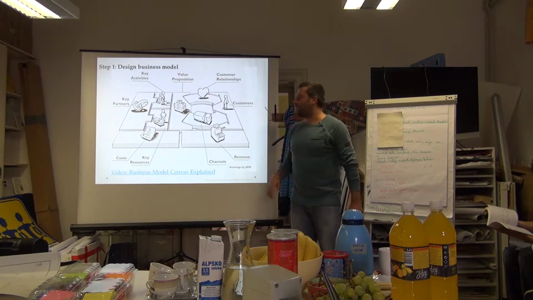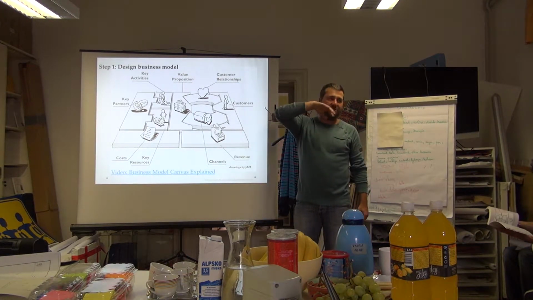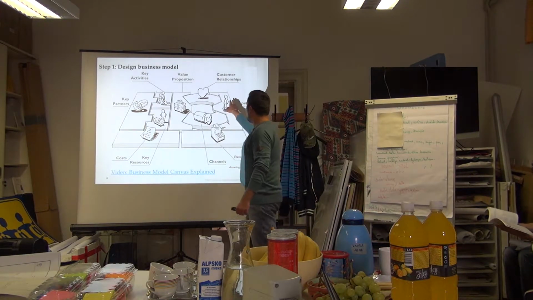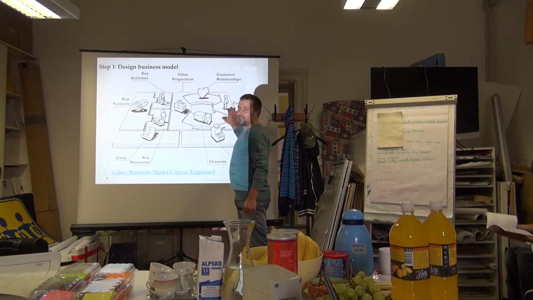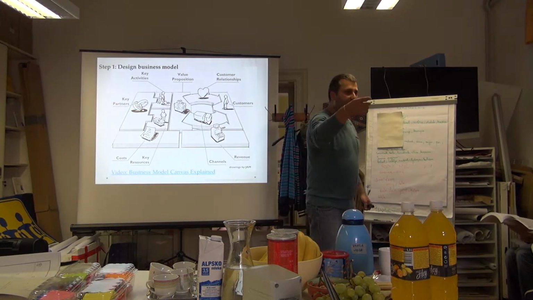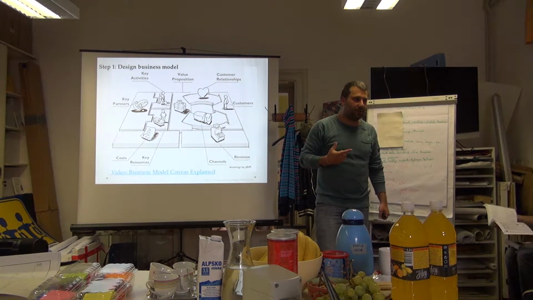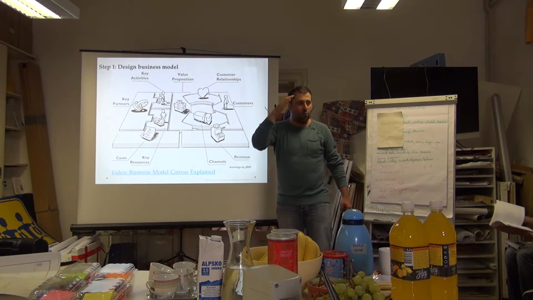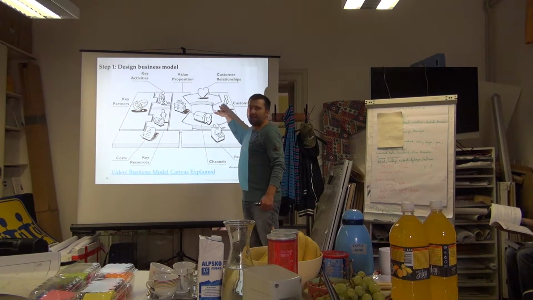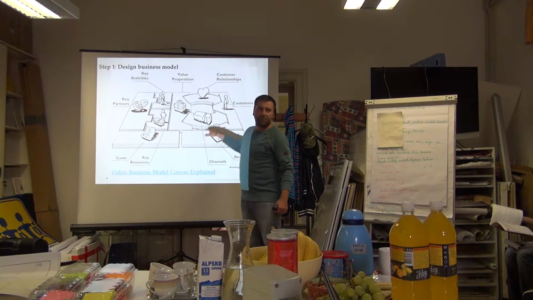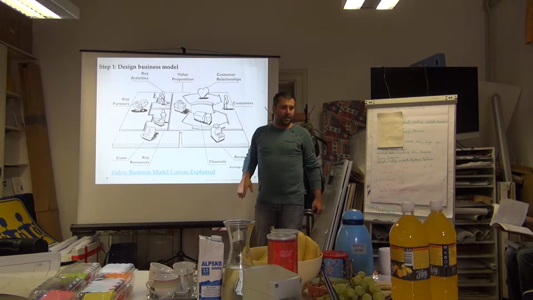And why? Because when you finish your canvas and when you also make your prototype, you will have there your customer segment. And when you go to the street, you will try to find one person who is similar to what you have written.